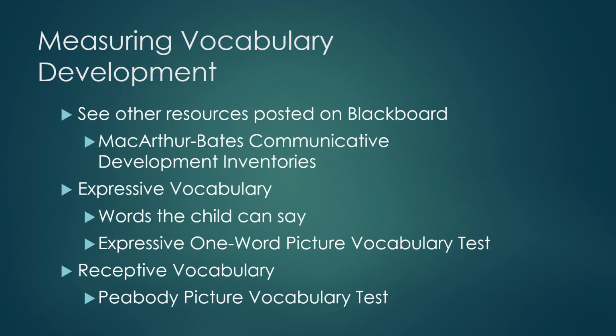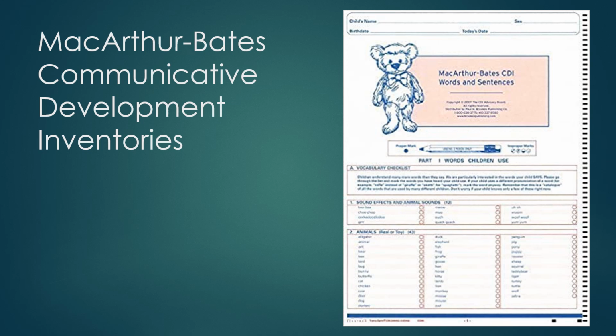We gain a lot of knowledge about children's semantic development by studying children's vocabulary. These 3 tools are described on the next 3 slides. There are 3 different ways that we can study and measure children's vocabulary development. The MacArthur-Bates Communicative Development Index, which I have spoken to you about before in a previous lesson, is a checklist for parents to check off all the possible words a young child might use.